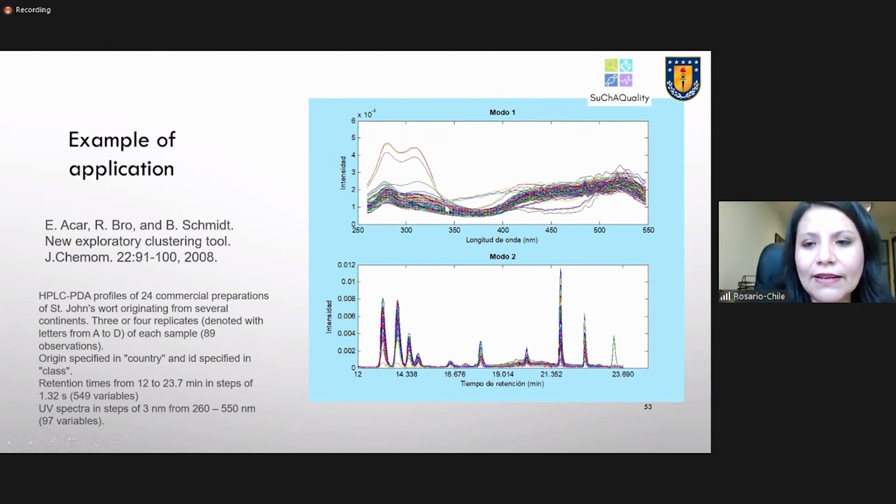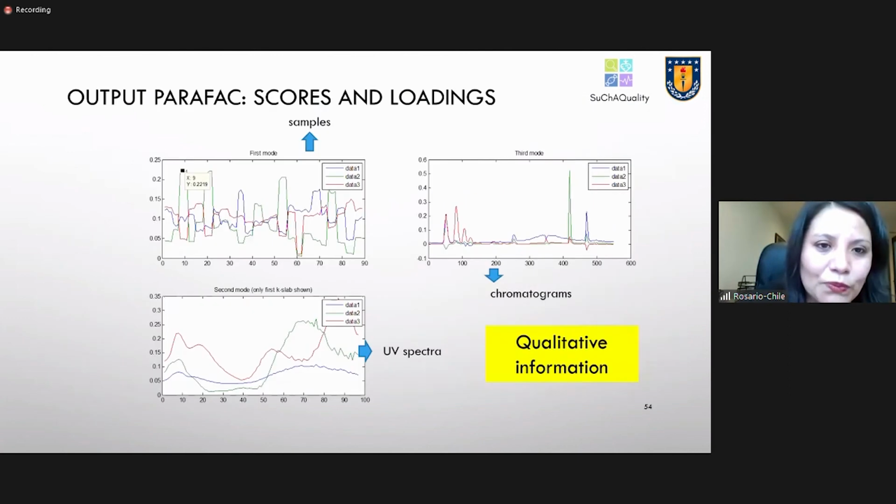Here is the detector signal, a UV spectrum, and here we have the chromatographic profile of the sample. This chromatographic profile is plotted at a determined wavelength, and these wavelengths are plotted against retention time, because there is a lot of information here, different wavelengths and different retention times to plot.